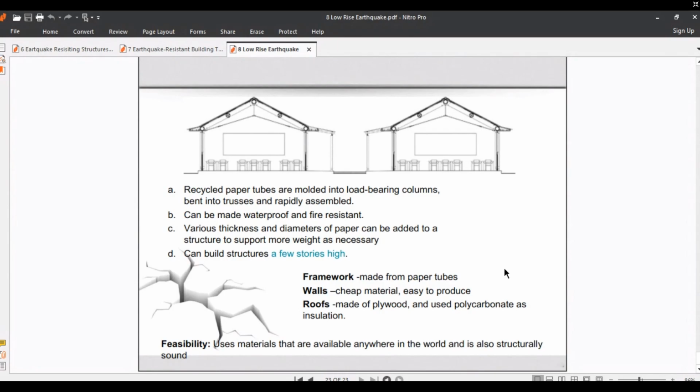In this school, the framework is made from paper tube, the walls are made of cheap material that is easy to produce, and the roofs are made of polycarbonate. This case study has feasible use of material that is available anywhere in the world and is also structurally sound.